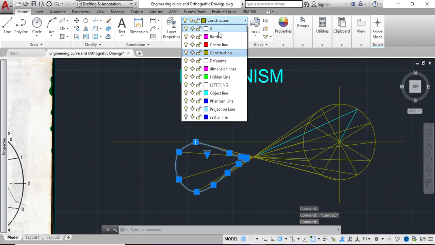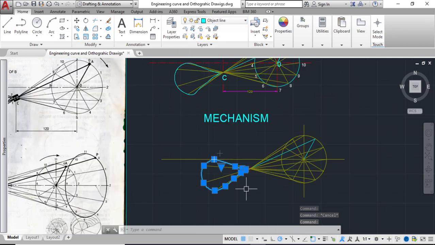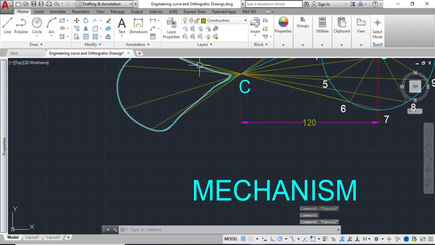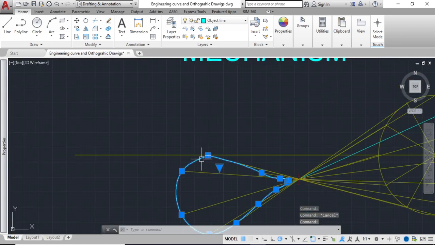That is the shape that we get when we plot them. See? And it's similar to this one. What you can do is replot it from the center.